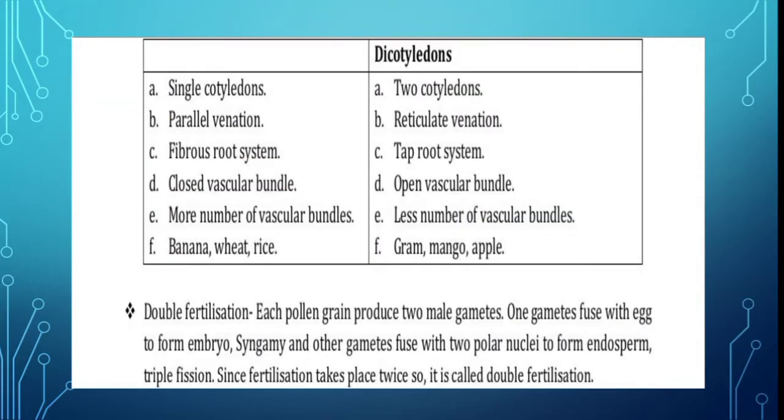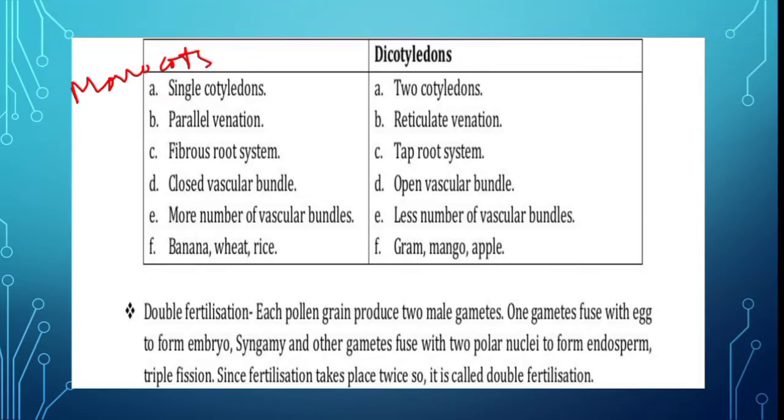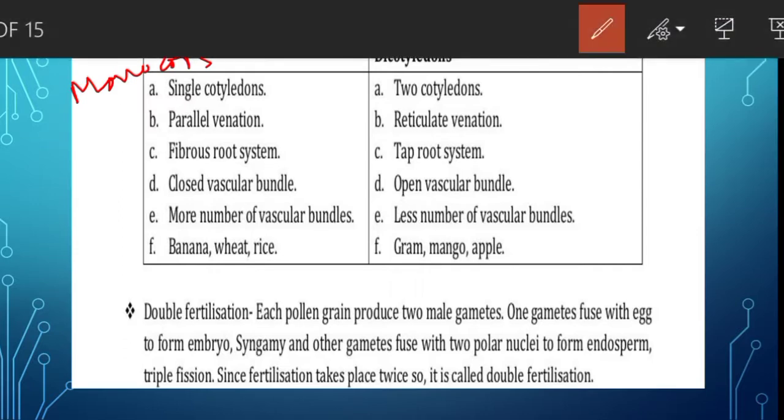Let us see the differences between the monocotyledons and the dicotyledons. The first column is for monocotyledons, monocots, and the second is for dicots. Monocots have single cotyledons.